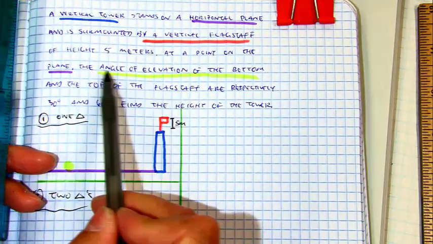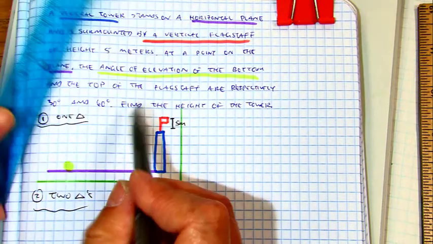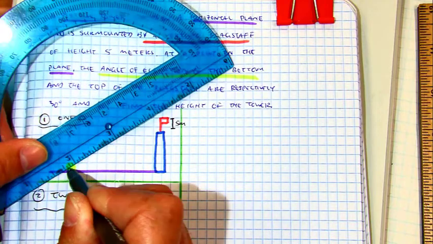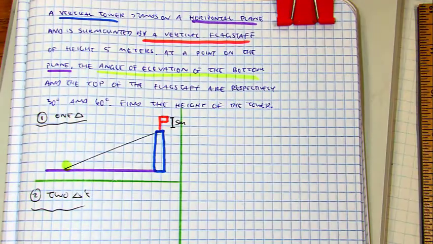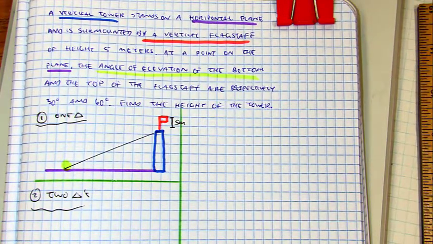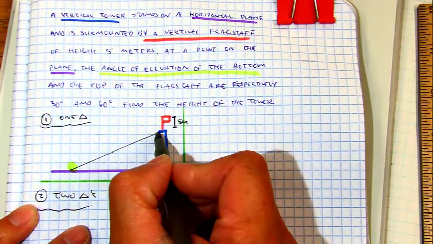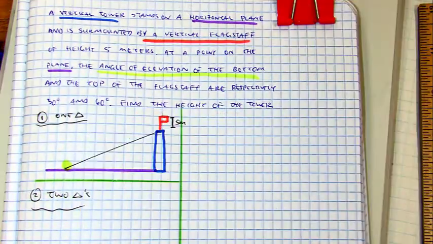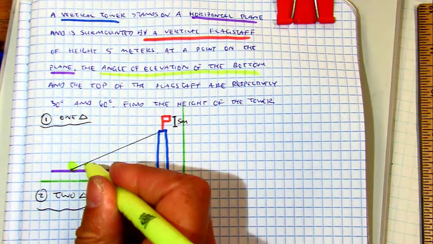The angle of elevation of the bottom and the top of the flagstaff, let's see if we have that right. That would be the bottom, so that one should have been a smaller degree. That one should have been here, sorry.